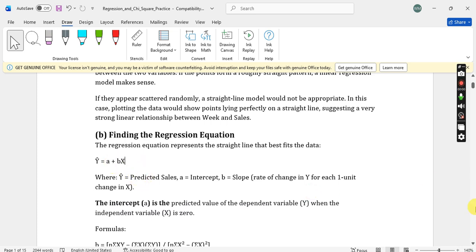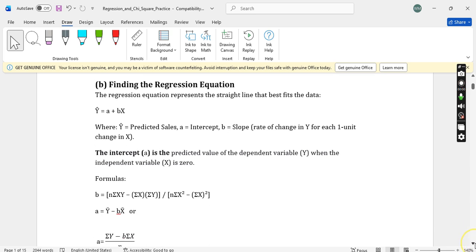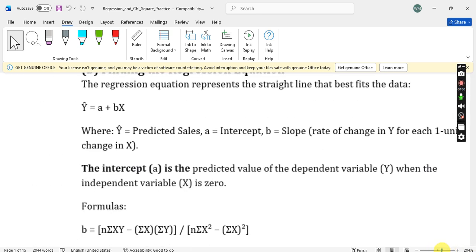First you start with the slope. This is the formula for the slope.